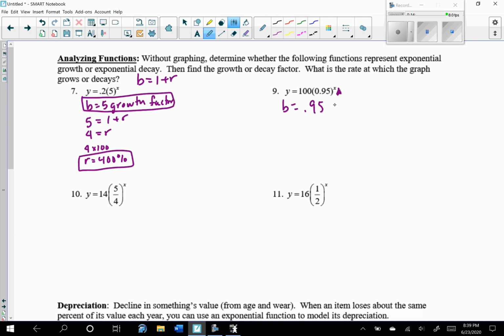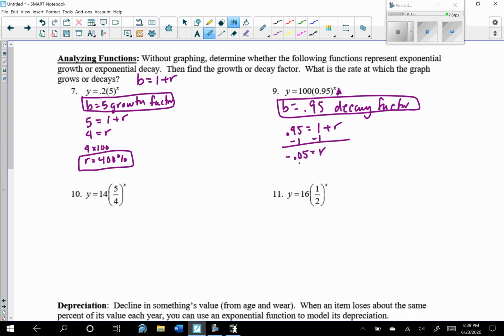So that means this is a decay factor, and then the rate at which we are decaying, b is equal to 1 plus r, so 0.95 equals 1 plus r, subtract 1, and we get negative 0.05 is equal to r. Multiply that by 100, and our rate is equal to negative 5%.